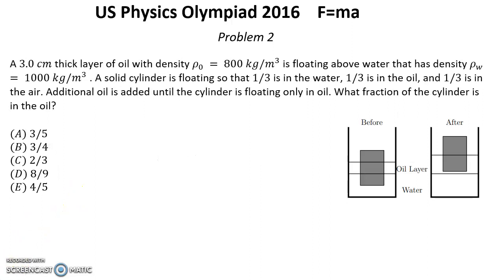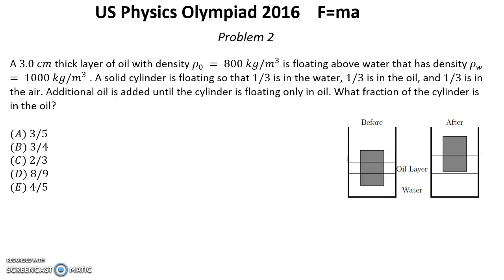Problem number 2. A 3 centimeters thick layer of oil with density rho oil equal to 800 kg per cubic meter is floating above water that has density rho water equal to 1000 kg per cubic meter.